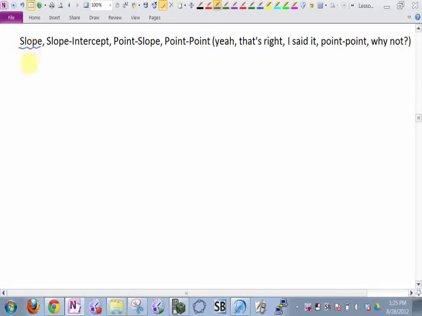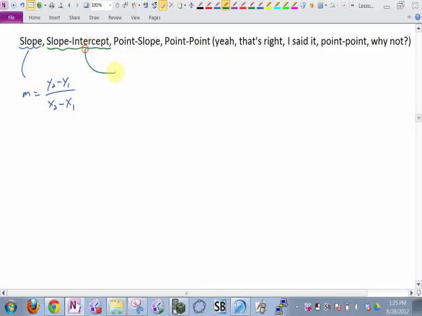Linear functions. First of all, the concept of slope, rise over run. You've got y2 minus y1 over x2 minus x1, right? Everybody remembers that? Then we've got the slope-intercept form of an equation.